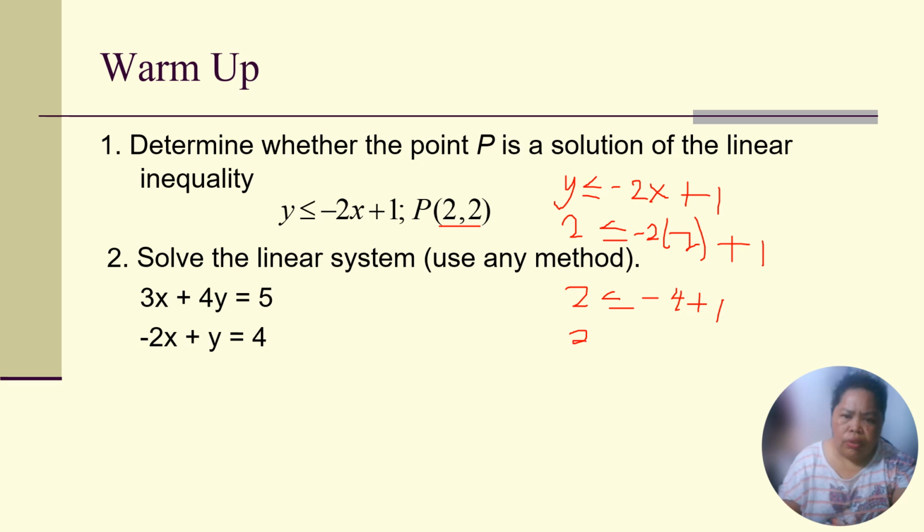So 2 is less than or equal to negative 3. Is this correct? Okay, so what you have to do is change the variation and it becomes correct. Therefore the coordinates (2, 2) are the solution for this inequality. Okay, for number 2 we will do this later.